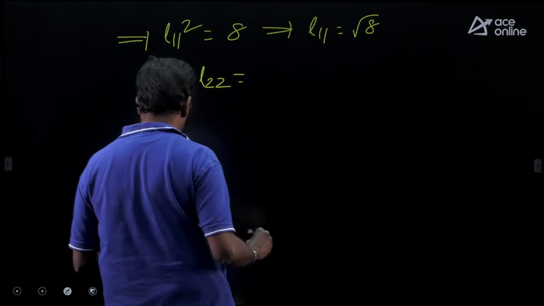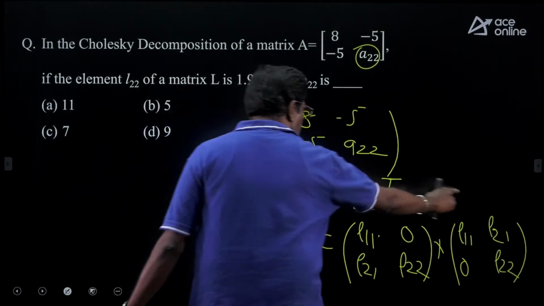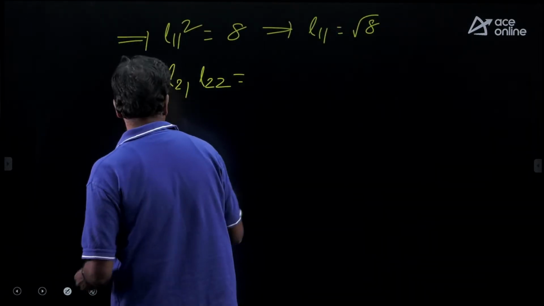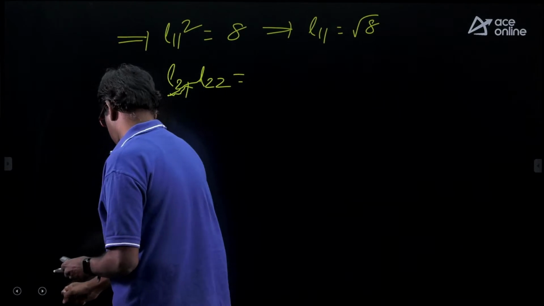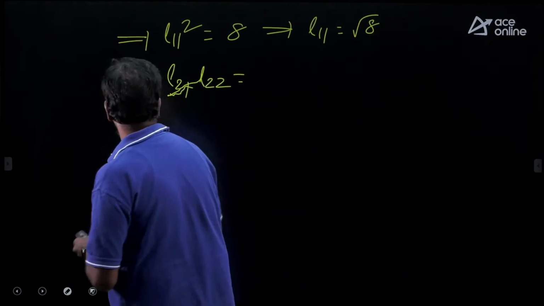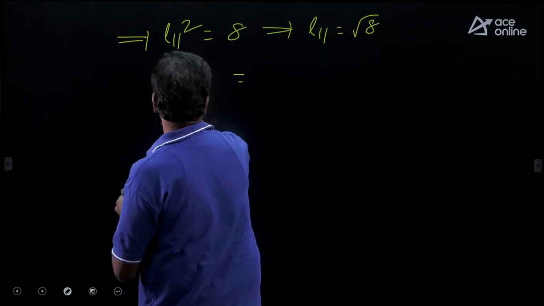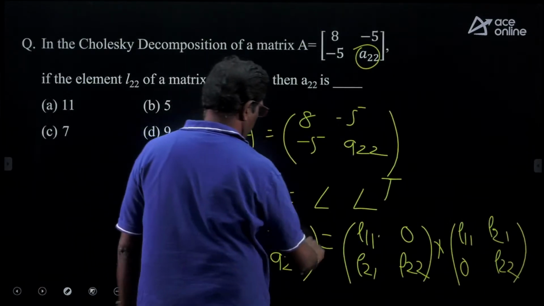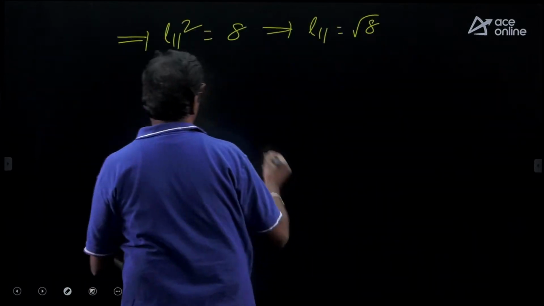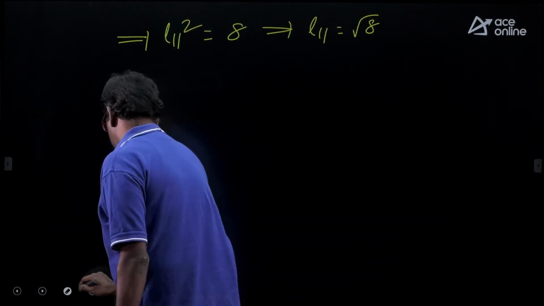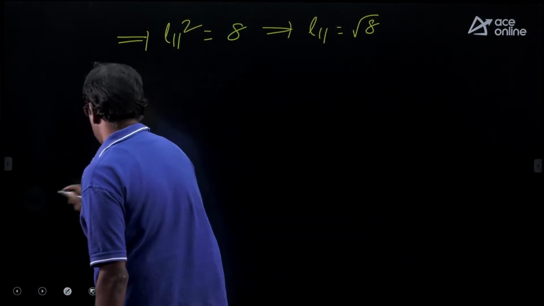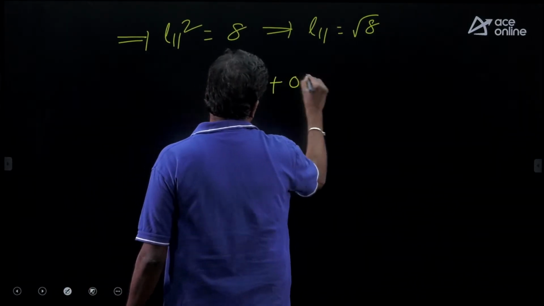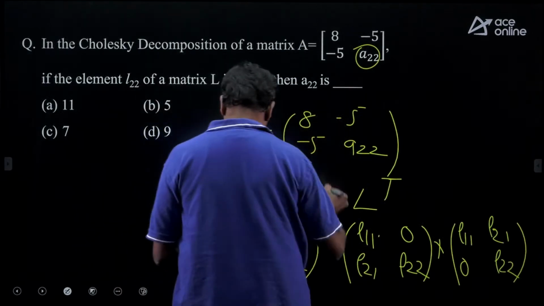L11 into L21 plus 0 is equal to minus 5.